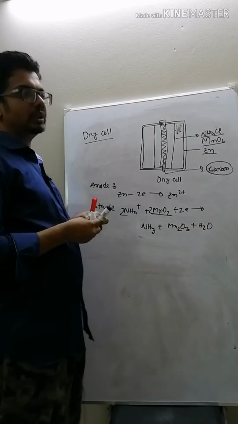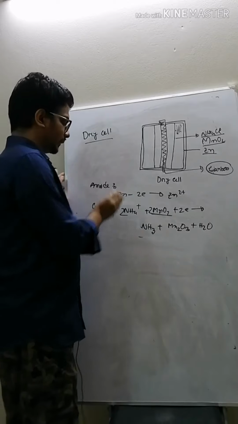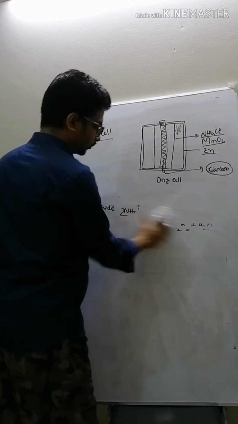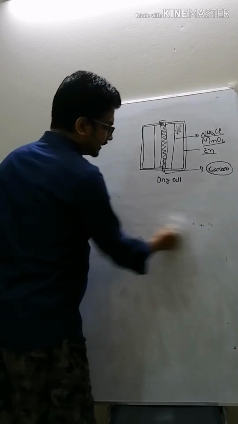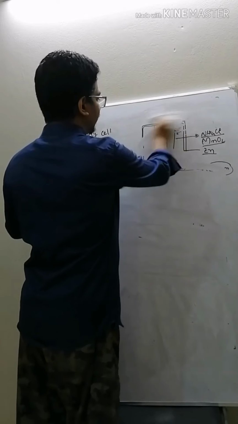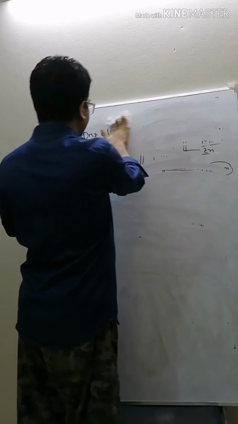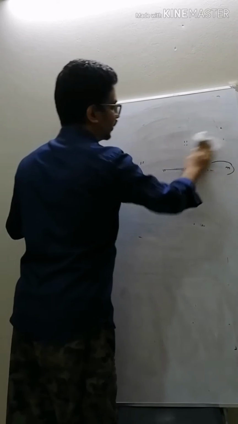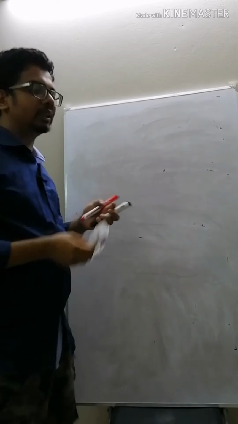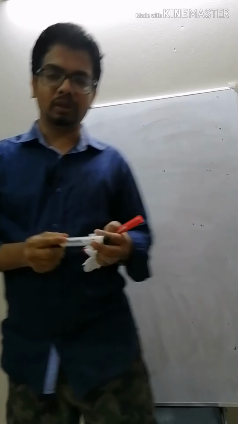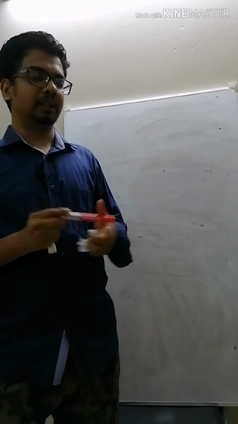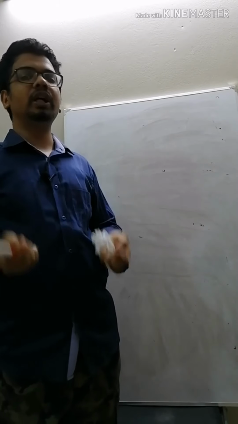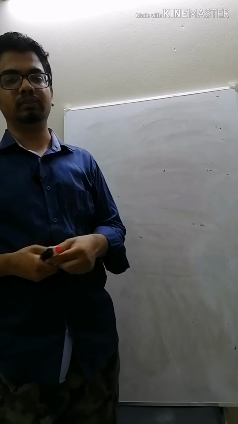Okay, now we talk about nuclear reaction. Nuclear reaction is that reaction where energy is produced by the reaction of something where a particular molecule is converted to another particular molecule.